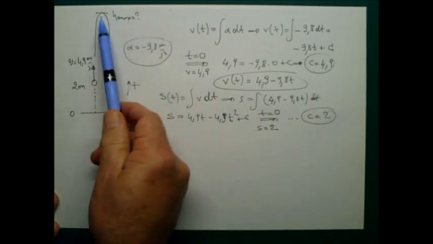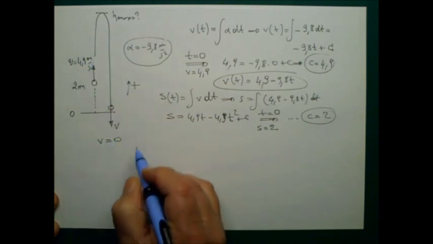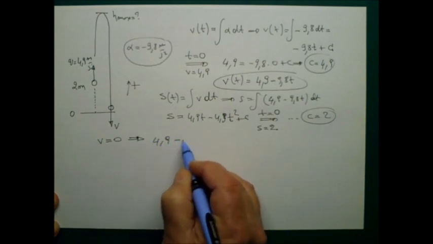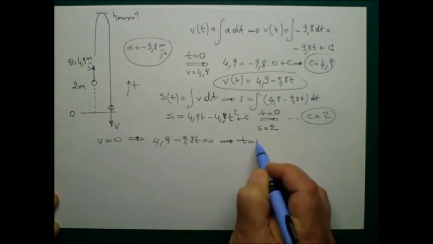Now, the maximum height will occur when the velocity is equal to 0. That is, 4.9 minus 9.8 t equals 0, which gives t equals 0.5 seconds.